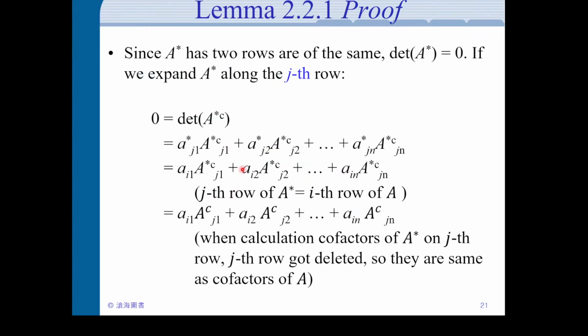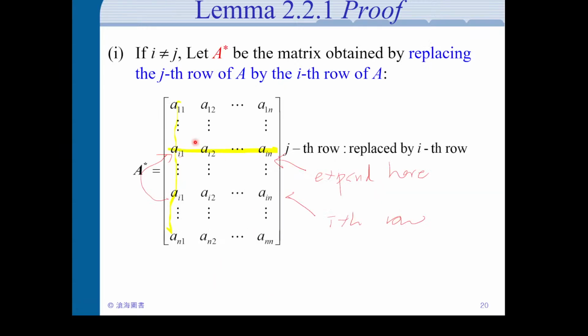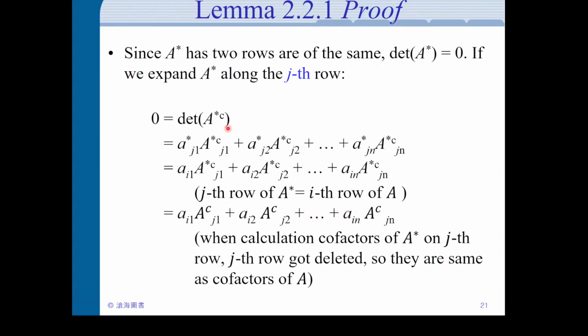And as we said, the covector of A star on the jth row is the same as the covector of A on the jth row. That's because the difference here got deleted, so the covectors are the same.